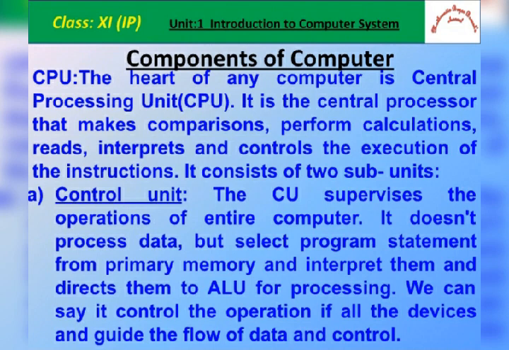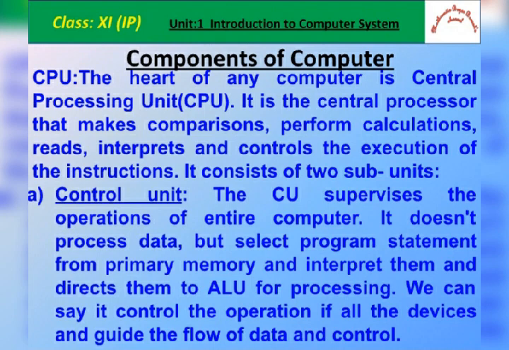The control unit also helps in the smooth flow of data from input to output or between various devices in the computer. It acts as a central nervous system for the component parts of the computer. Means this is working as the brain of the computer.